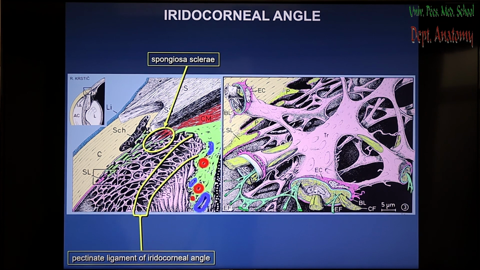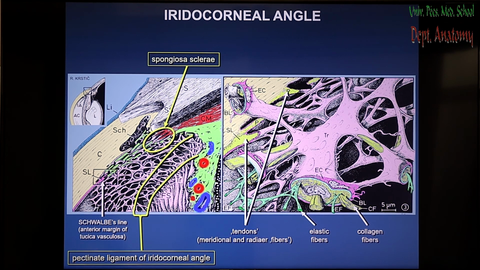Continuing outside, there is a spongy zone, and through the spongy zone, the aqueous humor is released into the Schlemm's canal. From the Schlemm's canal, episcleral veins take the aqueous humor through the venae aquosae, aqueous veins.